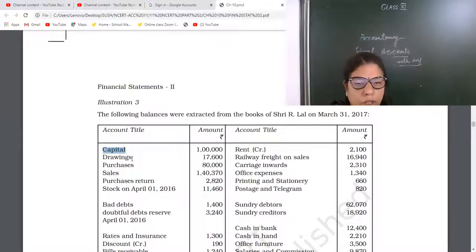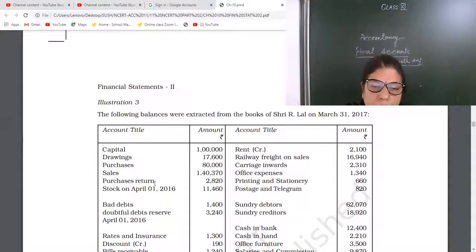Good. Drawings is minus from capital, because drawings means withdrawal, the amount of capital is reducing. Very good. Now purchase in trading account, debit, sales in trading account, credit.